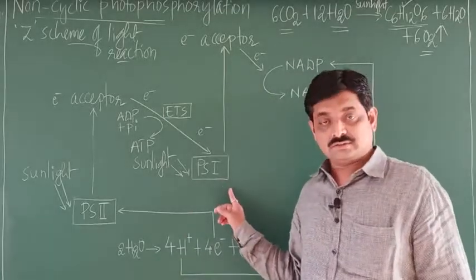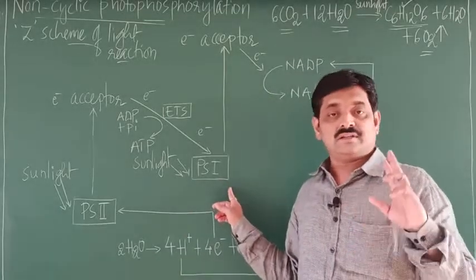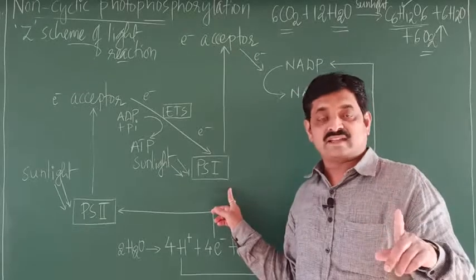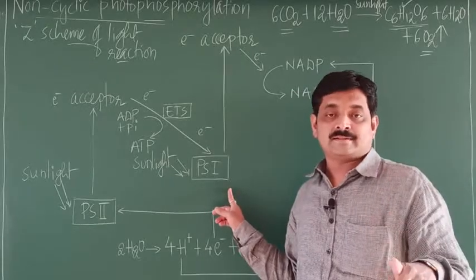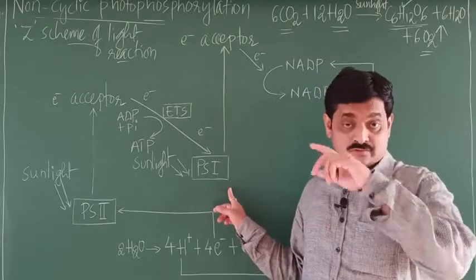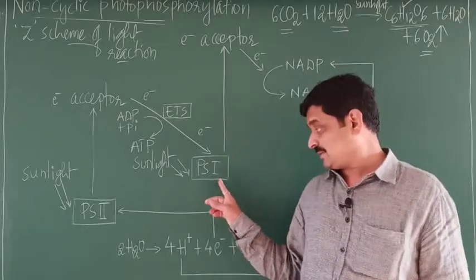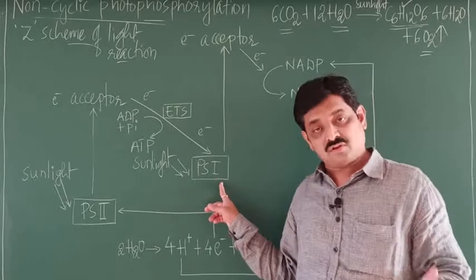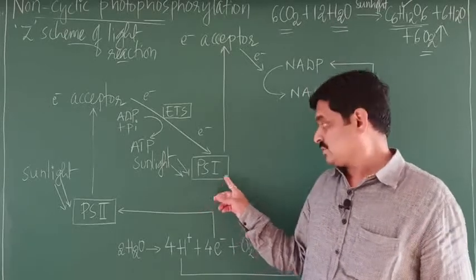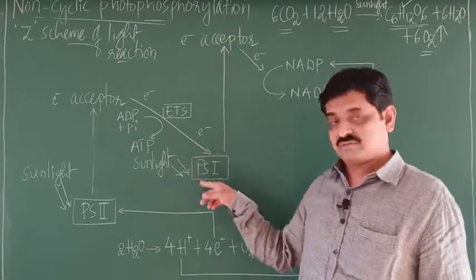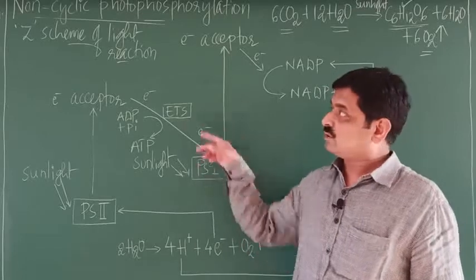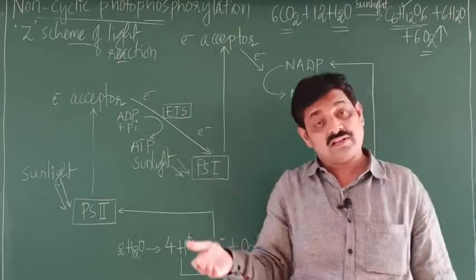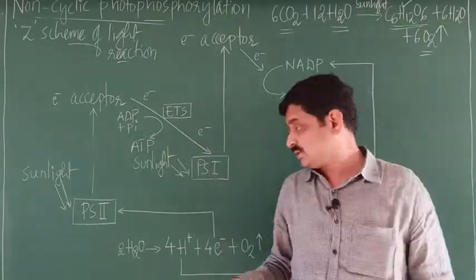Photosystem 1 is involved in both non-cyclic and cyclic photophosphorylations, right? You can see this photosystem 1 is involved in non-cyclic, and it is involved in cyclic also, which we shall consider in the coming video.